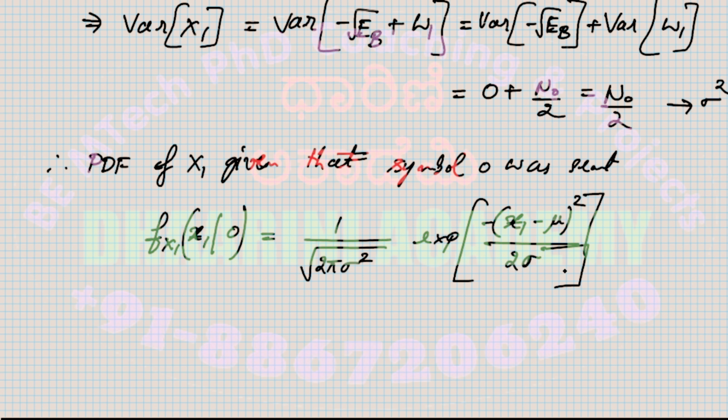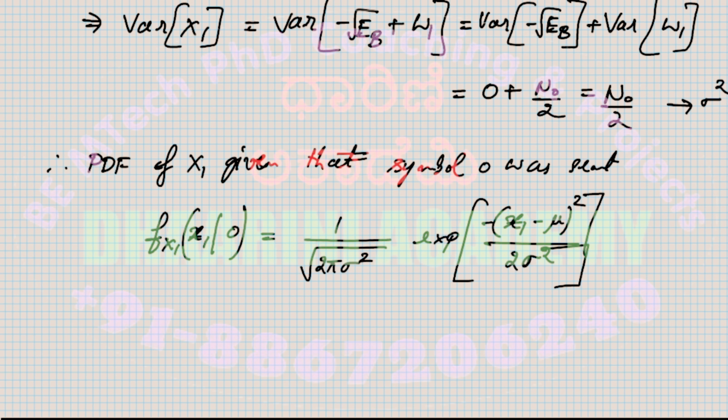So there is a sigma square. Now substitution will give you 1 divided by 2 pi.